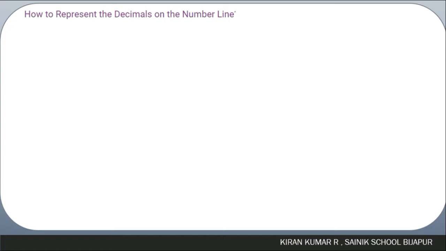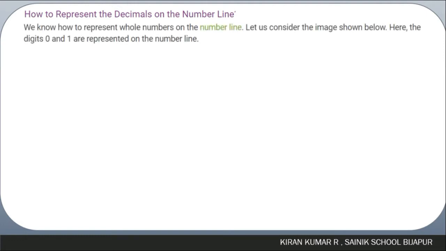We know how to represent the whole numbers on the number line, and also we have learned representation of integers. Let us consider the image shown below. Here the digits 0 and 1 are represented on the number line.